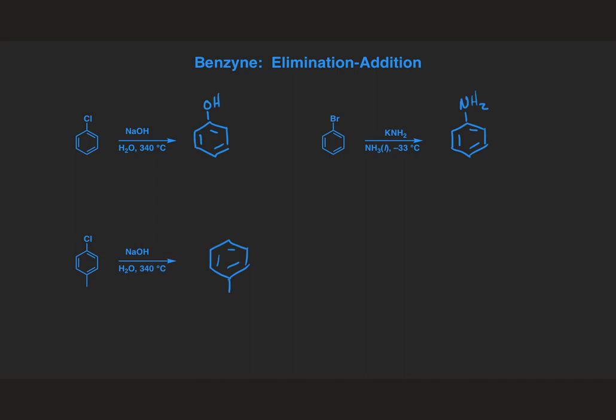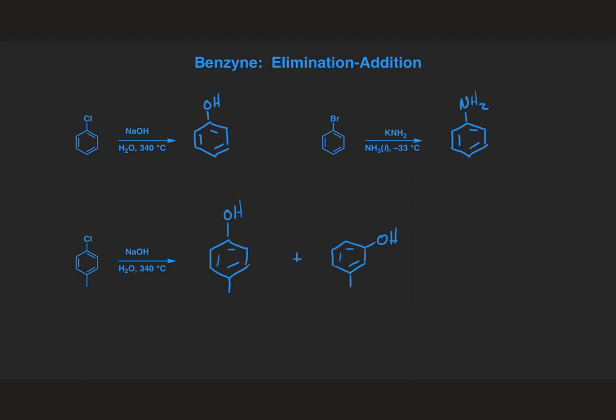The first product is the one you expect, where the chloride has just been replaced with the OH. The second one is unexpected, in which the OH is added to the position next to where the chloride was.